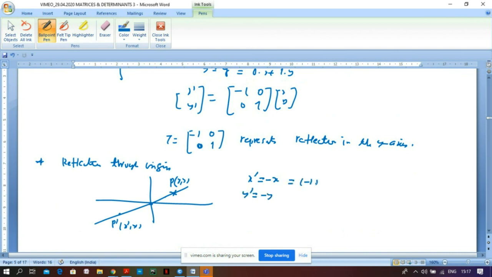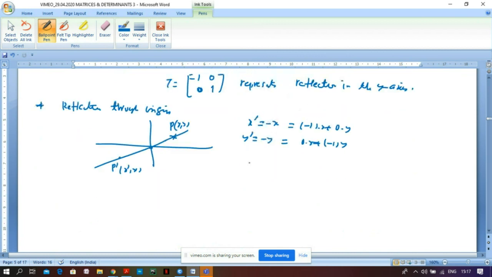I can write minus 1 times x plus 0 times y, and 0 times x plus minus 1 times y. And so as we wrote previously, x prime, y prime is the matrix with minus 1, minus 1 on the diagonal and 0, 0 off the diagonal, times x and y. So the matrix T equals minus 1, 0, 0, minus 1.